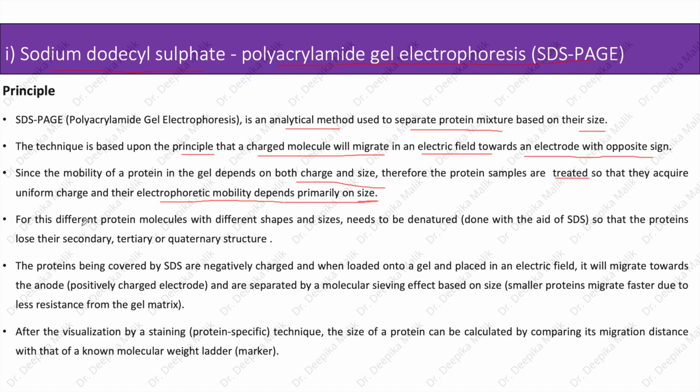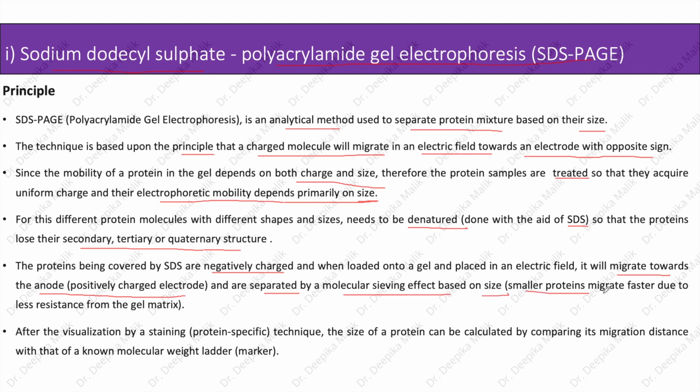For this, different protein molecules with different shapes and sizes need to be denatured, done with the aid of SDS, so that the proteins lose their secondary, tertiary or quaternary structure. The proteins being covered by SDS are negatively charged and when loaded onto a gel and placed in an electric field, they will migrate towards the anode, that is the positively charged electrode, and are separated by a molecular sieving effect based on size.